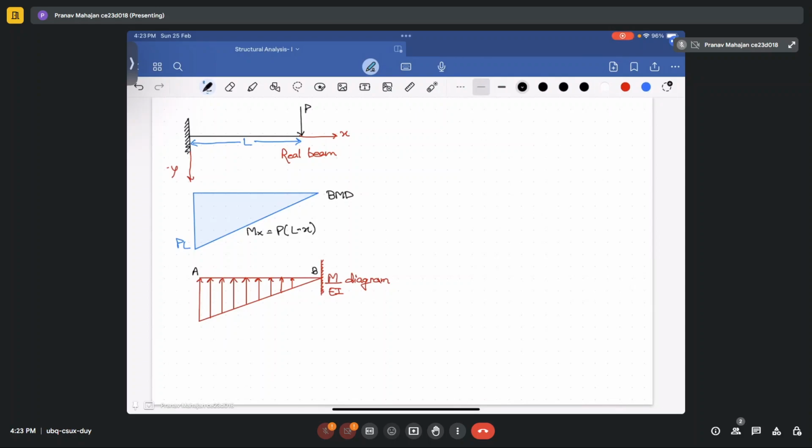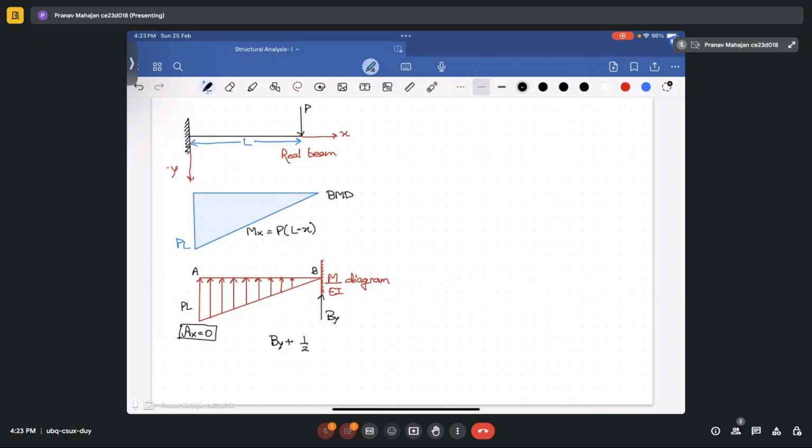So here, AX will be 0. And here you will have some BY. So your BY will be equal to BY plus 1 by 2 into what will be this value?